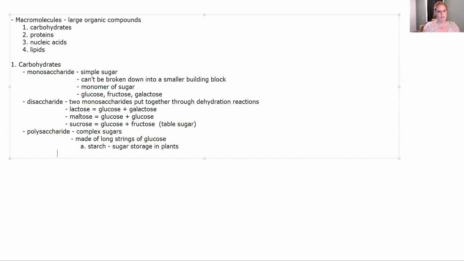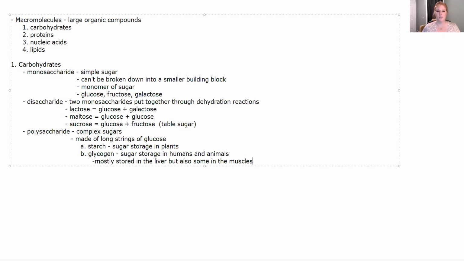In humans and other animals, it's called glycogen. So this is sugar storage in humans and animals. Glycogen is generally stored in the liver, but there's also some that gets stored in the muscles.